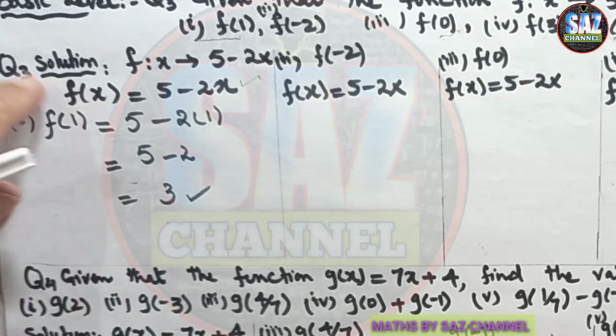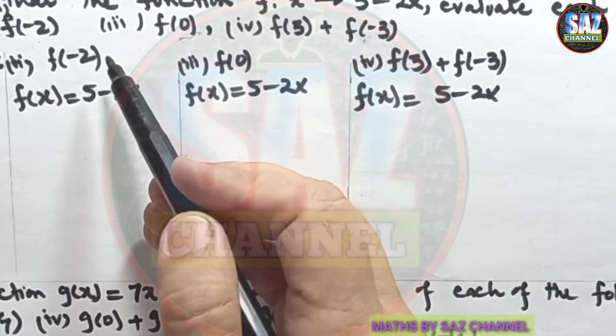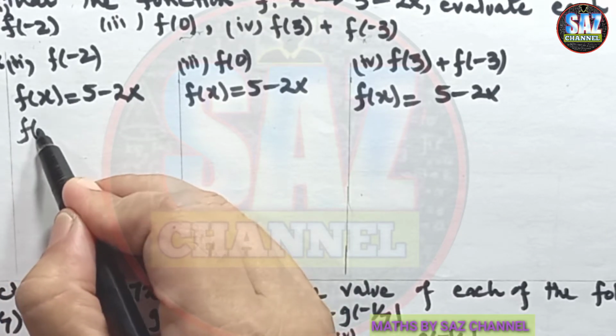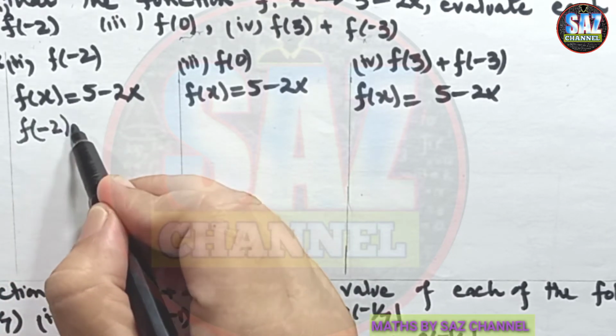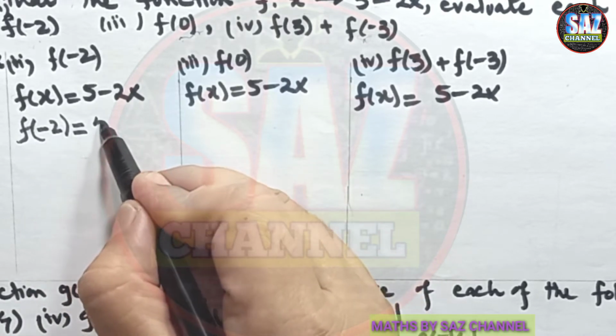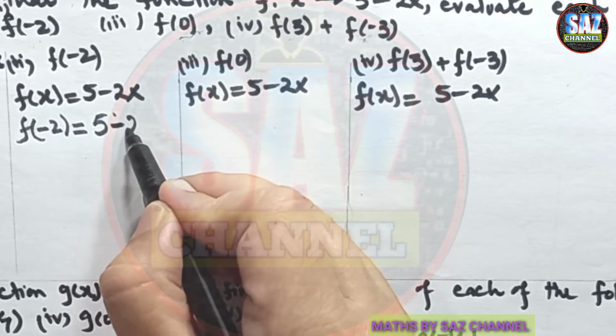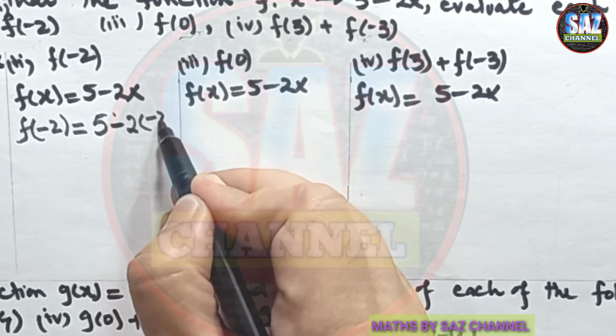Coming to the second part, that is f of minus 2. Again, instead of the variable, we have to replace x by minus 2, and my function will take the form 5 minus 2, and x has the value minus 2.